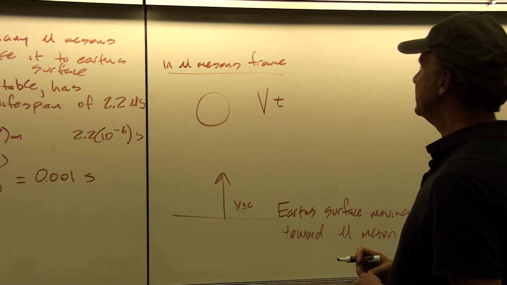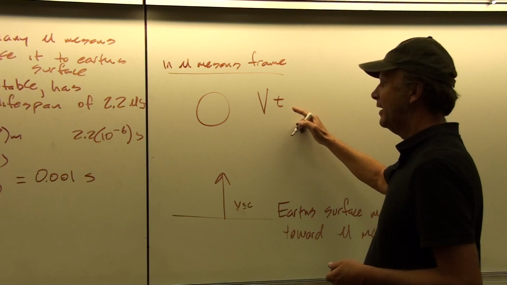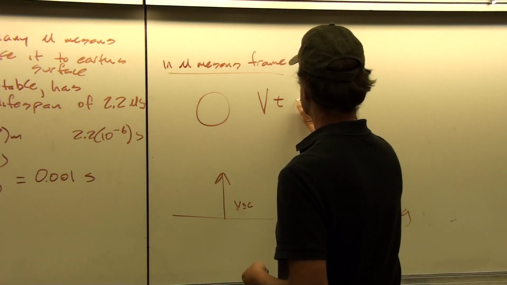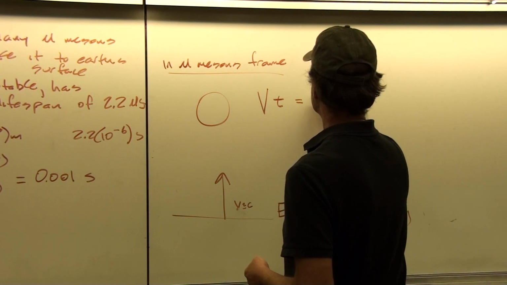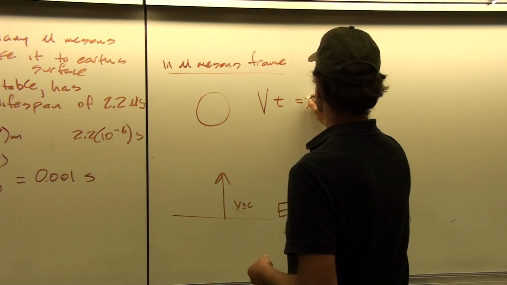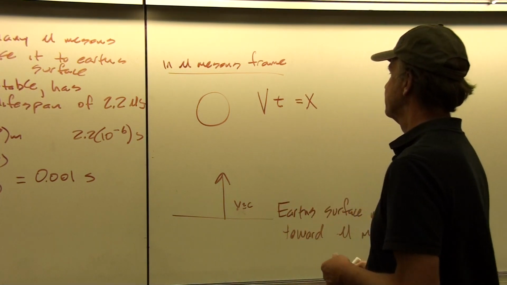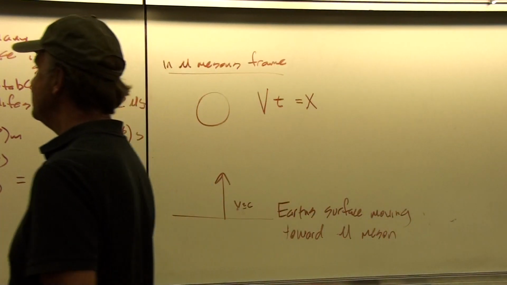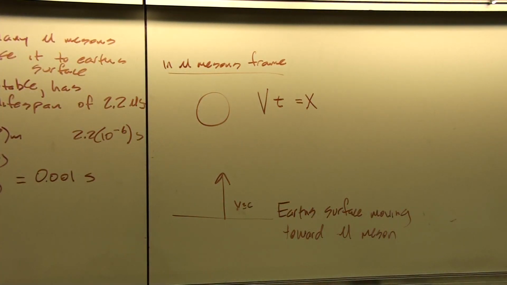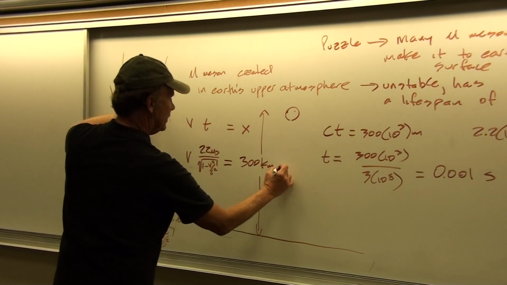And so the only way to make this consistent with the fact that it does make it to the surface is to have a contracted length, which I can call here x. Okay. But that x can't be the same as this one, right? Because this one is the original x here.